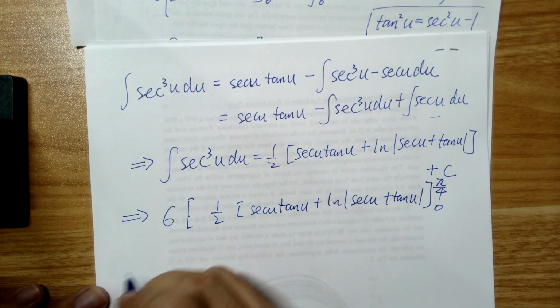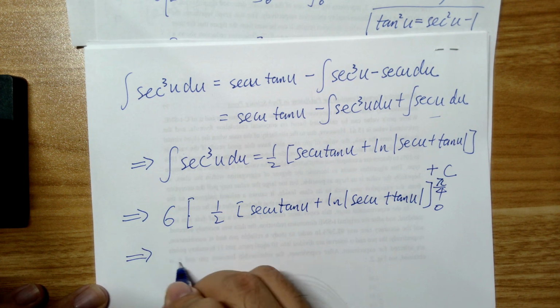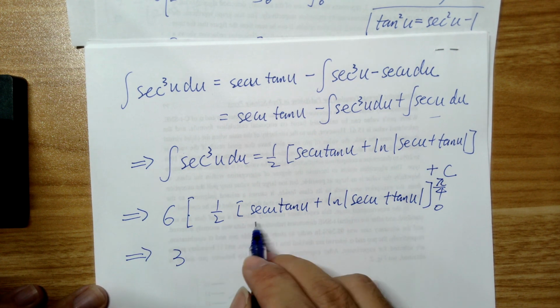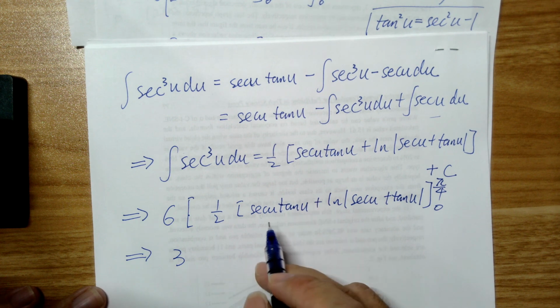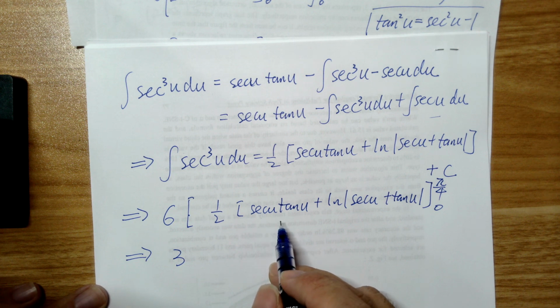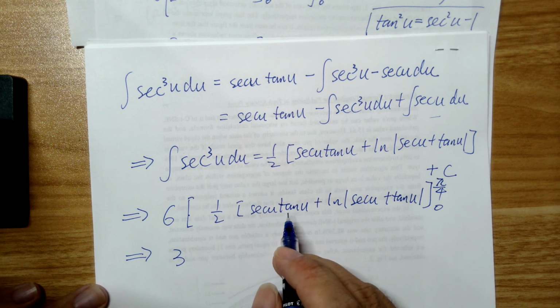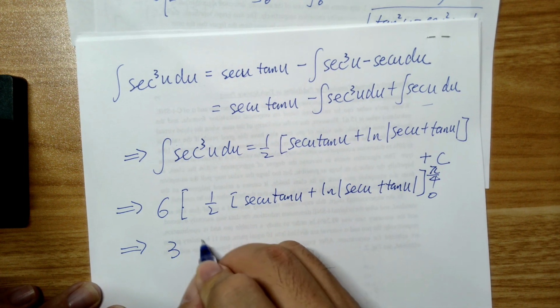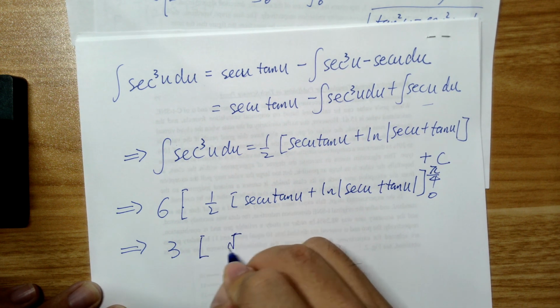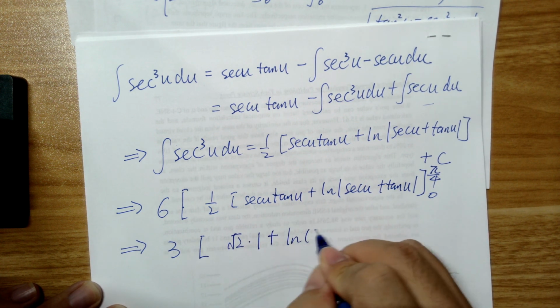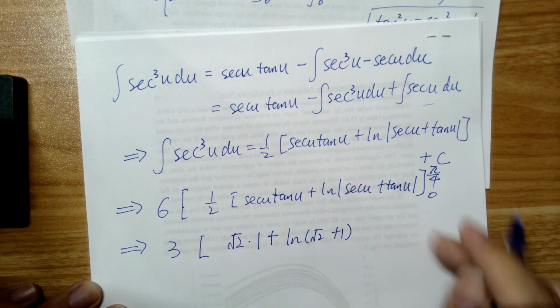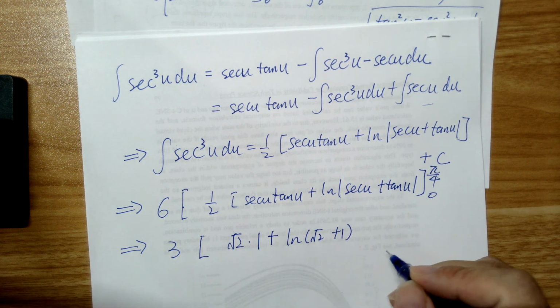Okay, so it's an extremely long problem. So this is going to become 3, and then the tan of pi over 4 equals 1. The secant of pi over 4 actually equals square root of 2. So you're going to see square root of 2 times 1 plus ln of square root of 2 plus 1.